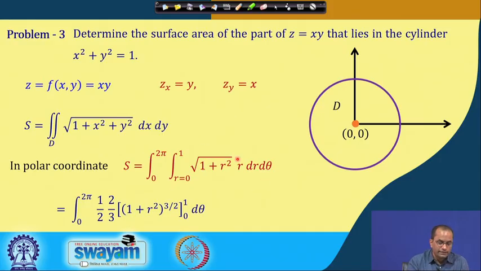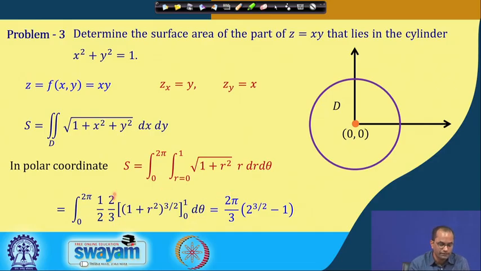So, we can again integrate this easily. So, we have 1 plus r square to the power half. So, when we integrate, the 1 will be added to the power. So, we will have 3 by 2, and this will be 2 by 3 there to compensate, and then we have the limits 0 to 1. Putting these limits, there is no theta here, so because of theta we will also get 2 pi.